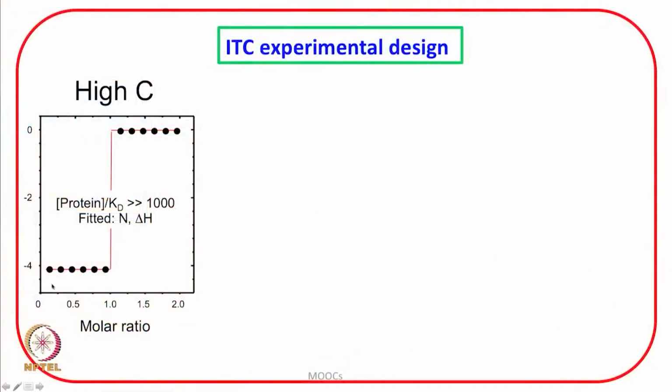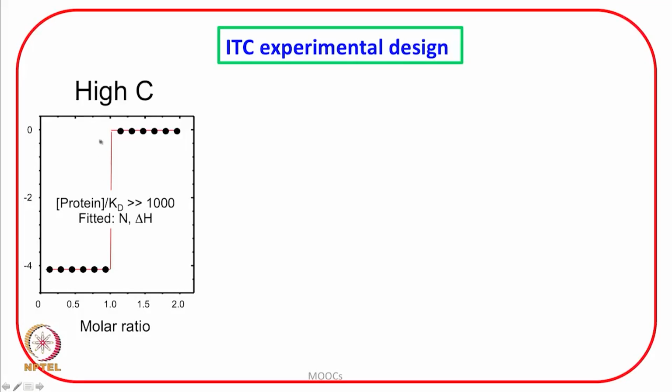So, in the design of an ITC experiment, a high C value will give an output like this. If C value is more than 1000, we have experimental data points in the beginning and we have experimental data points when all the binding sites are occupied, and in between we have no experimental data point.